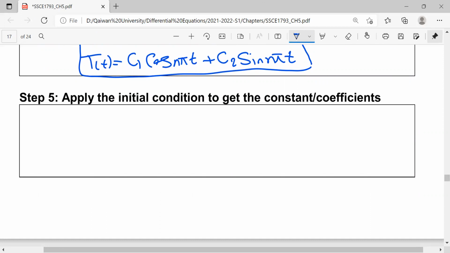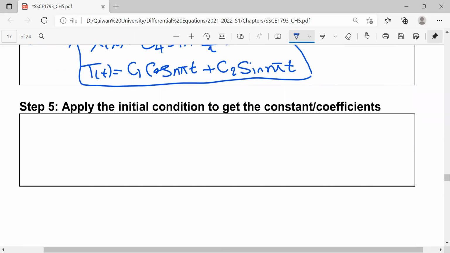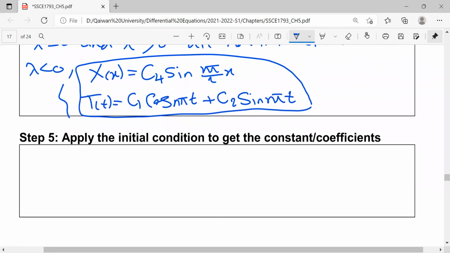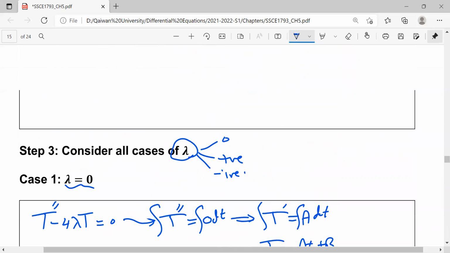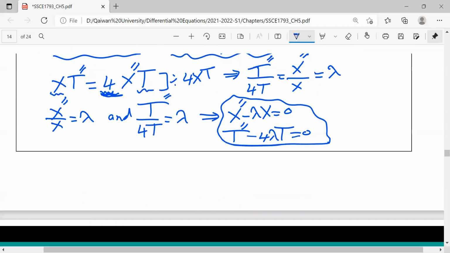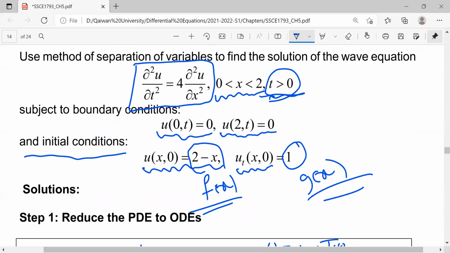Here we have the equations. We have these two equations. Let's return to the given example. It says u of x and 0 is 2 minus x. This is f of x.